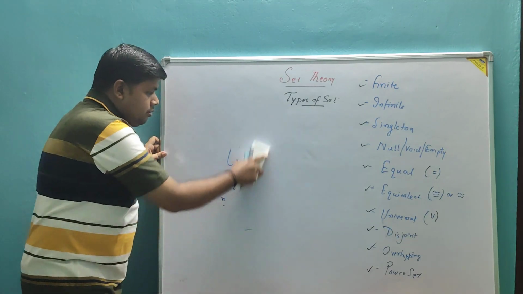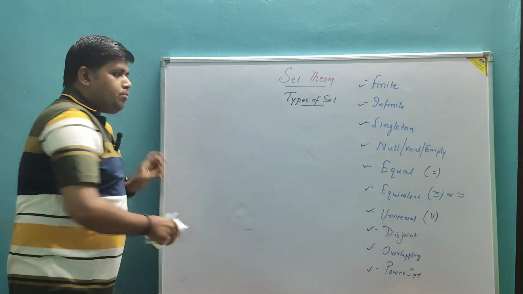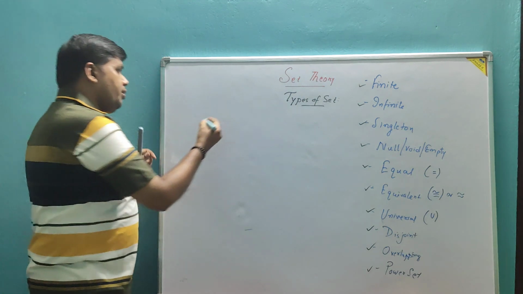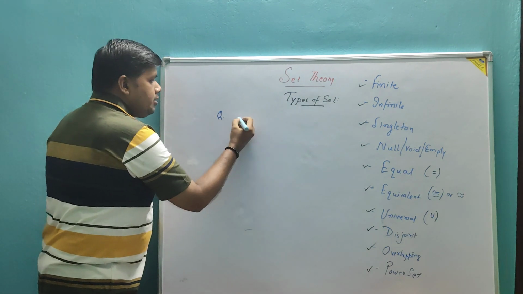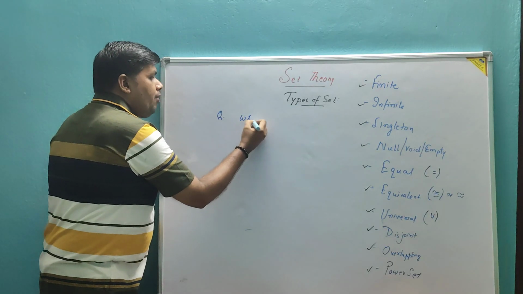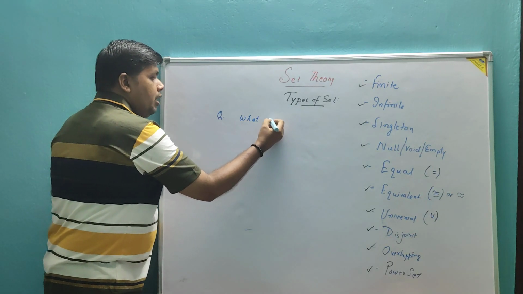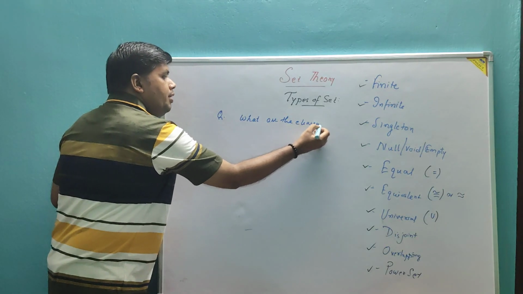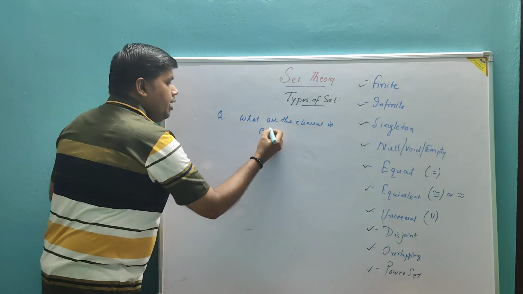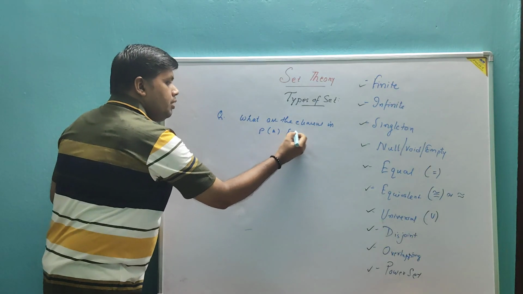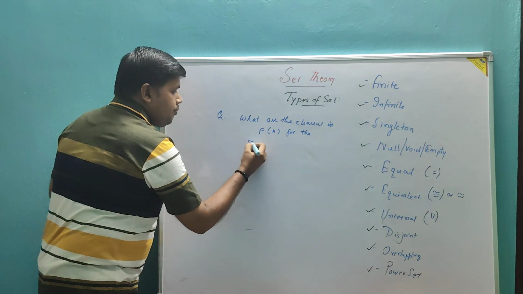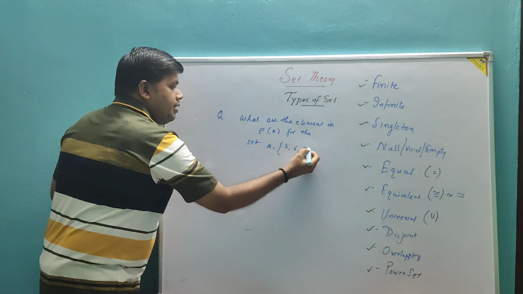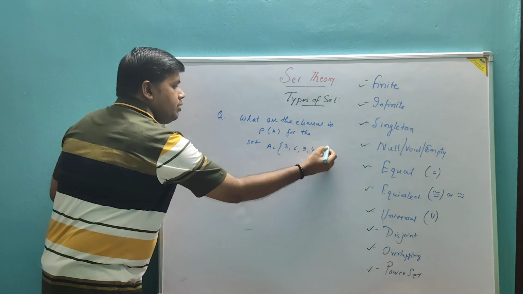Now, based on this discussion, I would like to put a query. The question is, what are the elements in P(A) for the set A equal to {3, 6, 9, 4, 5}?